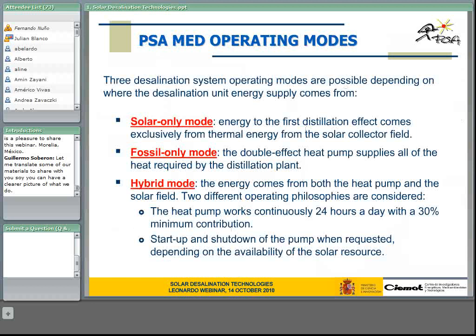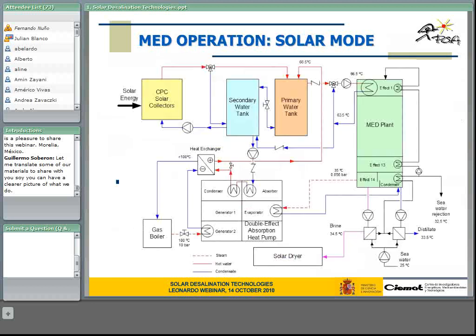So the first operational mode is the solar mode. With the solar collector, we are taking the solar energy. We heat water, and this water is stored in a tank. We have the primary of the hot tank and the cold tank, and when we have the water here at temperatures of about 80 Celsius, we can just use this hot water to drive the MED plant.